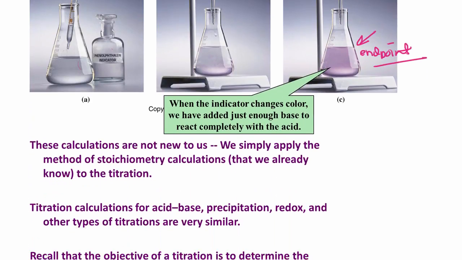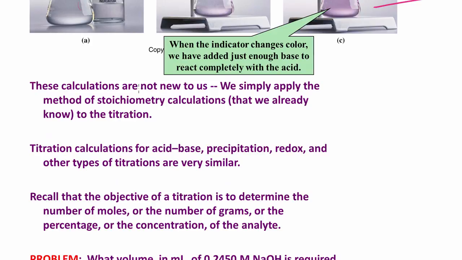We are going to learn how to do some of these calculations. We've done these before. They're nothing new. Basically, we are going to be working the problems using the stoichiometric coefficients to determine the mass of a sample. Call this volumetric stoichiometry.